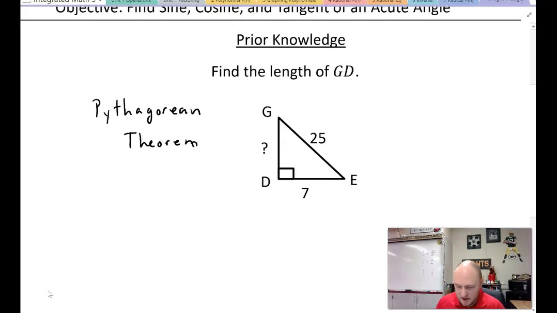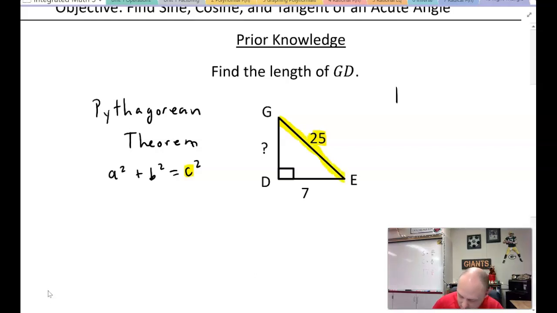The Pythagorean Theorem just says a squared plus b squared is equal to c squared. Now, the legs of the sides can be interchanged, doesn't matter, but c must be the hypotenuse. And the hypotenuse is here.